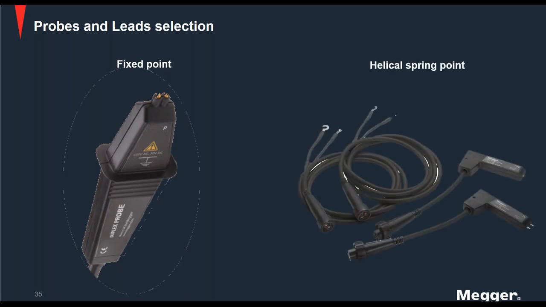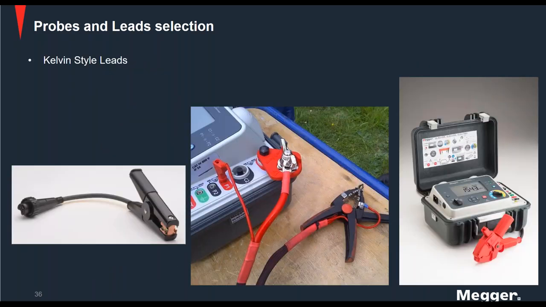The next lead type is the helical spring point. It's very commonly used in battery applications where intercell connections are to be measured. Next, you have Kelvin style leads. So when you have connection points that are fairly close to each other, Kelvin style leads can be used because the current and potential probes are 180 degrees apart.